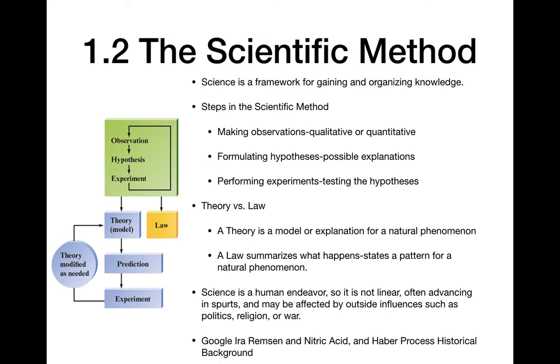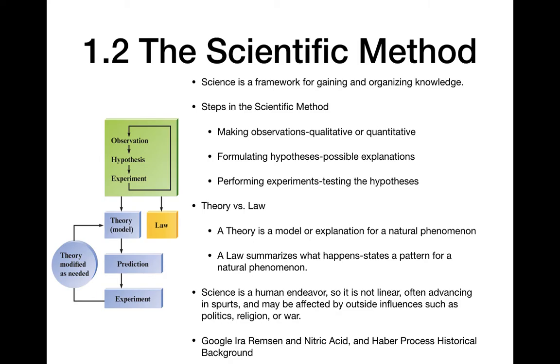Cell phones, cars, going to the moon, all these things that science has brought us has come about because we have learned as much as possible about the world around us. So science is this framework that we use for gaining that information.